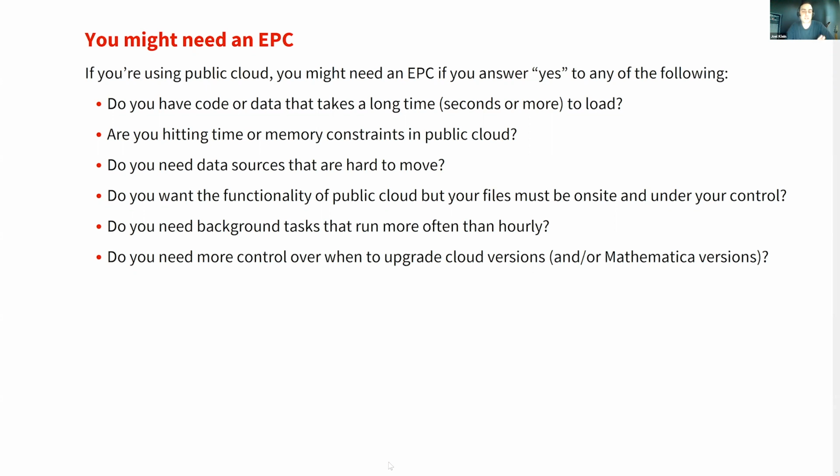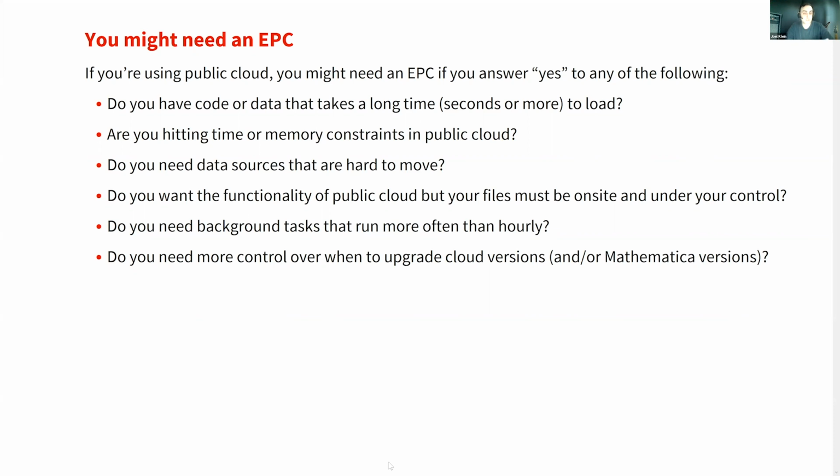Do you want the functionality of public cloud, but for some reason, like regulatory reasons or just a sort of defense in depth, you really need those files co-located with the rest of your infrastructure? You don't want things moving over the internet and so forth. Do you want them co-located?